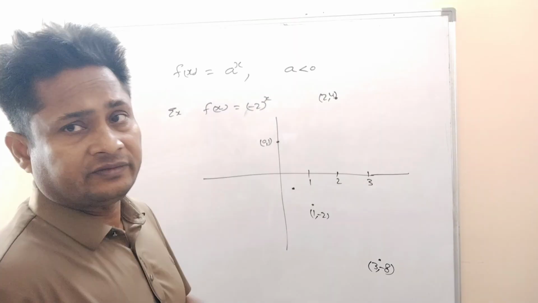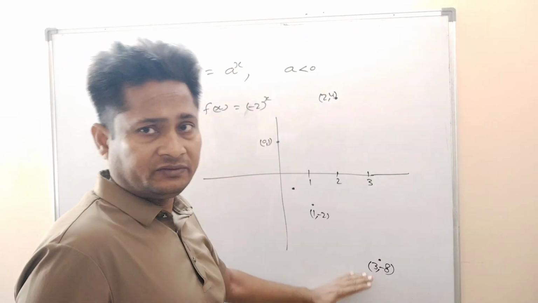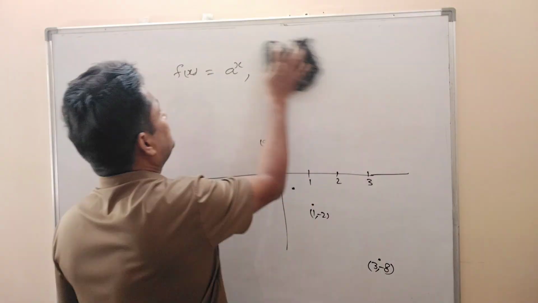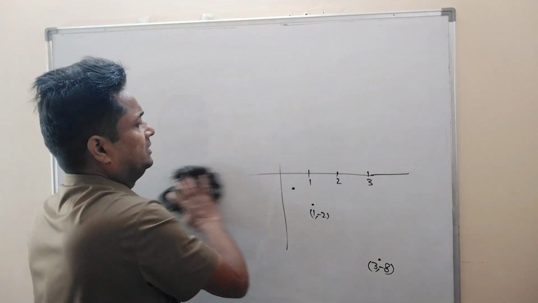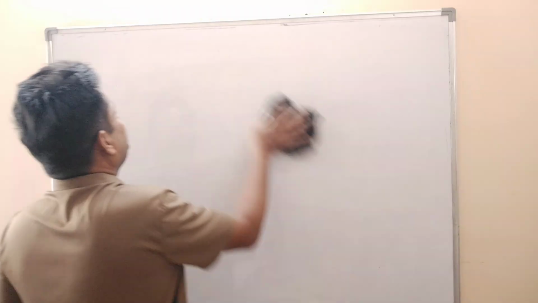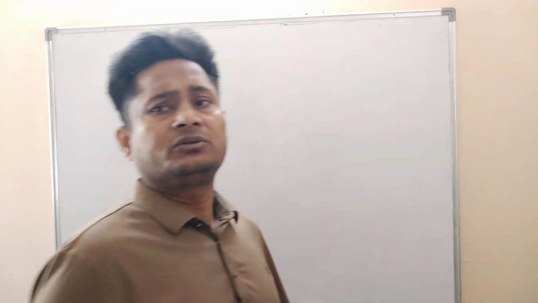For some values of x it will give positive values, and for some values of x it will give negative values, so an orbit pattern. We are not going to draw this graph exactly. Questions will depend on the values of x.